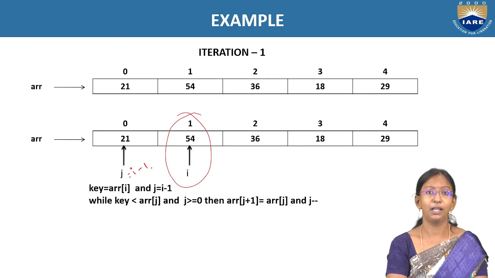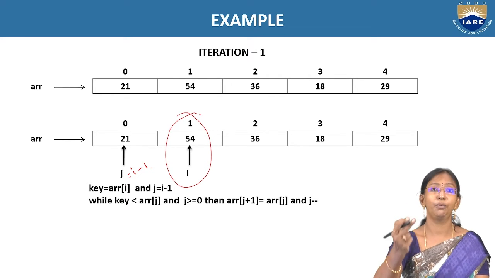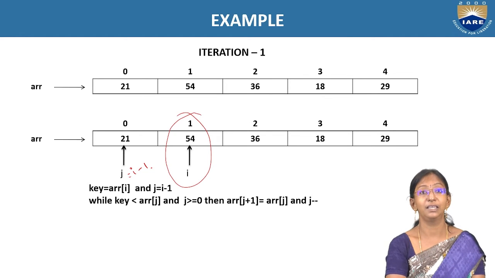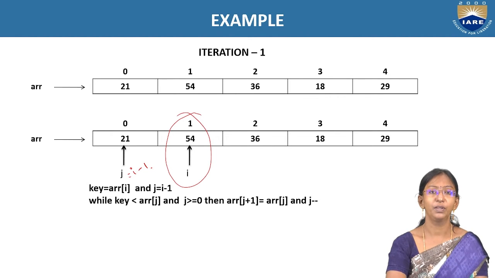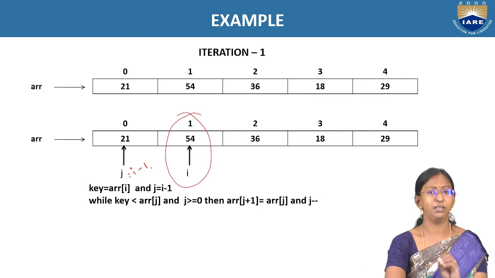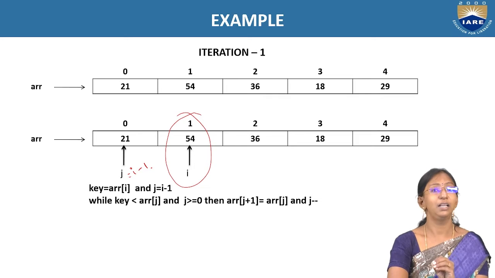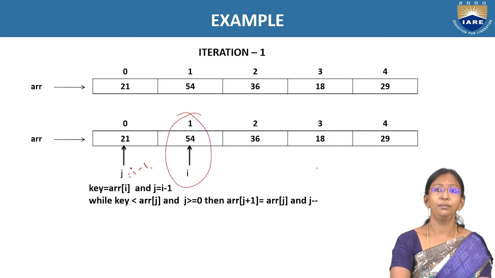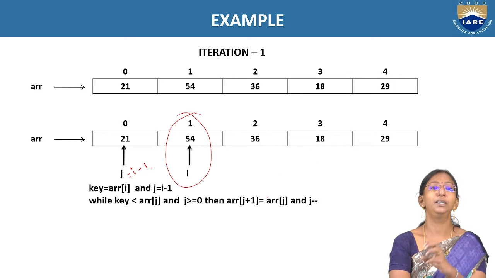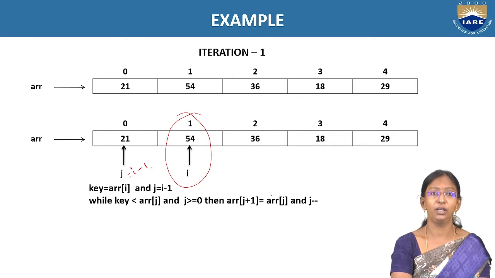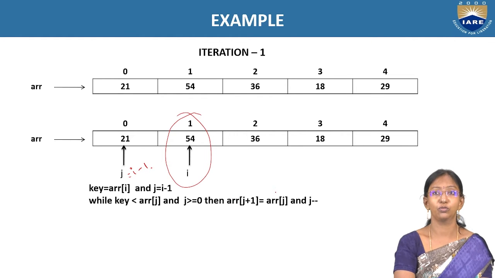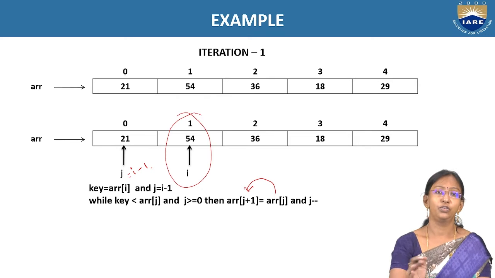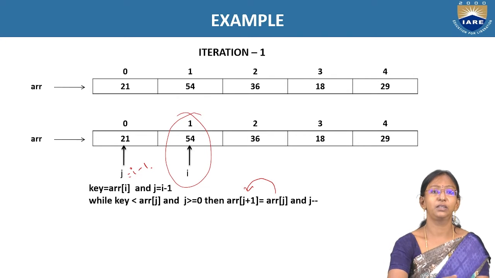While the key value is less than the element pointed by j, and the index value of j is greater than or at least equal to 0, if these two conditions hold, then I copy the content of j into the j plus 1th location, and I decrement j.